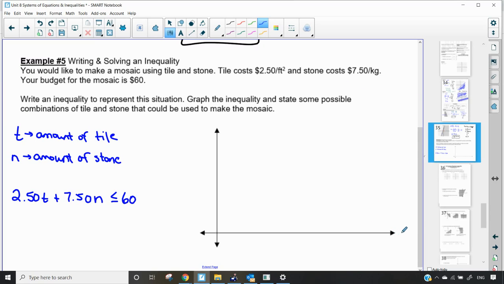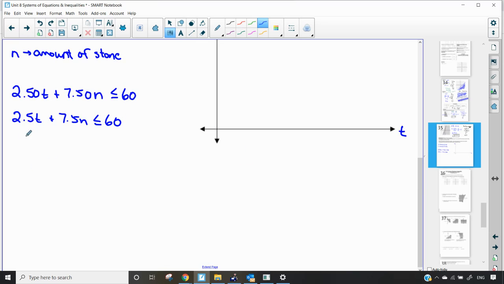Now, for the purposes of this question, I've made T my X value or my independent variable, and I've made N my dependent variable. Simplifying my formula, I have 2.5 T plus 7.5 N is less than or equal to 60. Now rearranging, because I have N set as my Y variable, I'm going to rearrange so that I have N by itself.